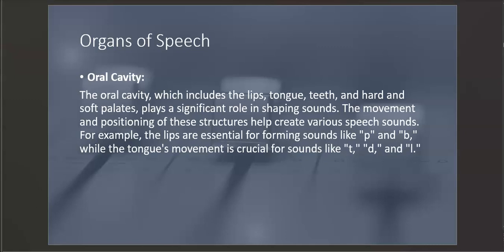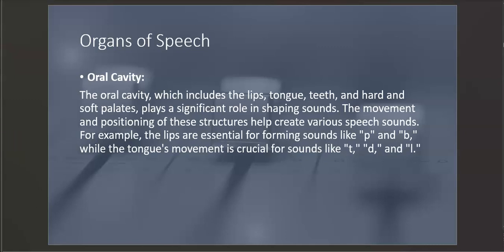And when you look at another organ like the tongue, you notice that the tongue movement will help you sound words like T, D, L. You notice that your tongue is moving in different directions or different positions. So this positioning of the tongue helps you produce some letters.